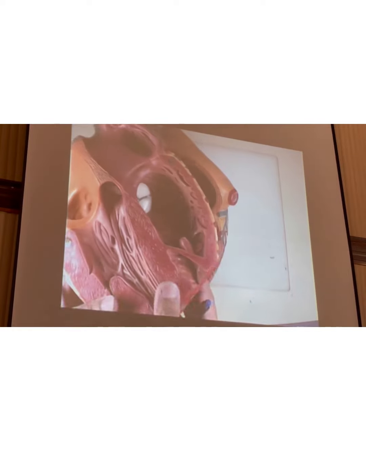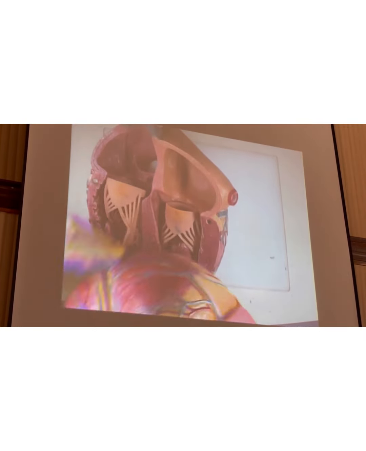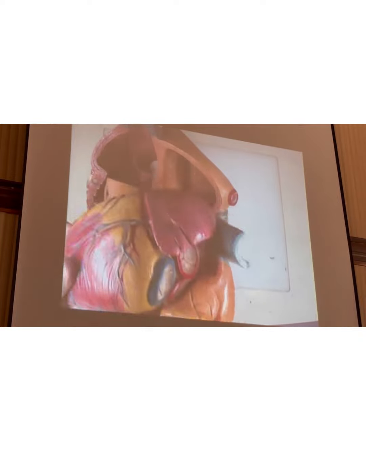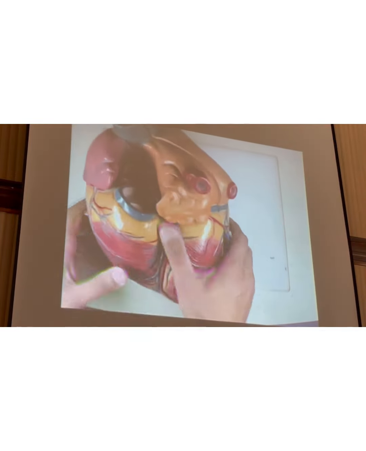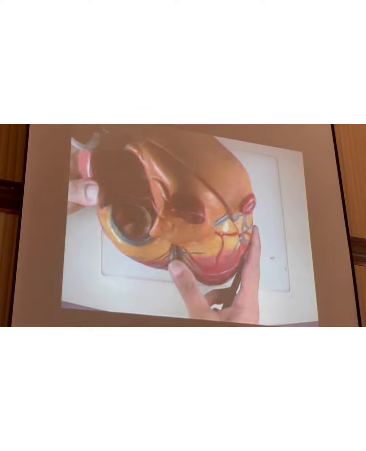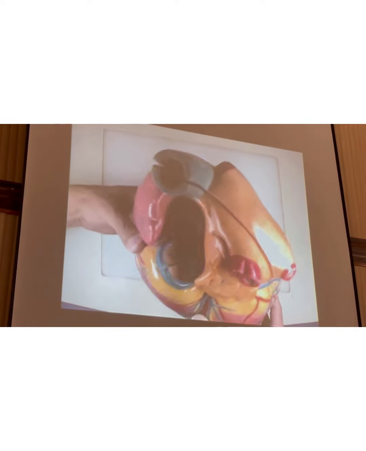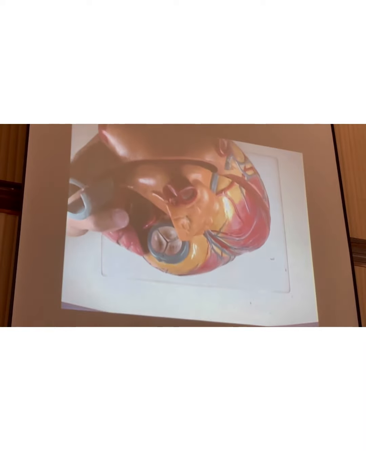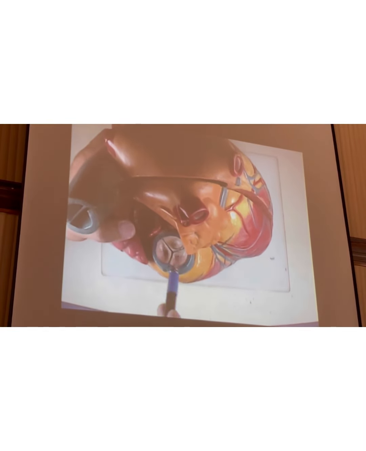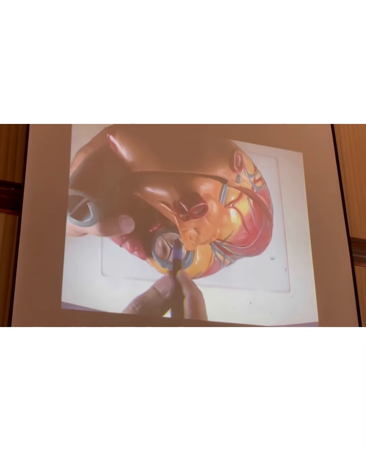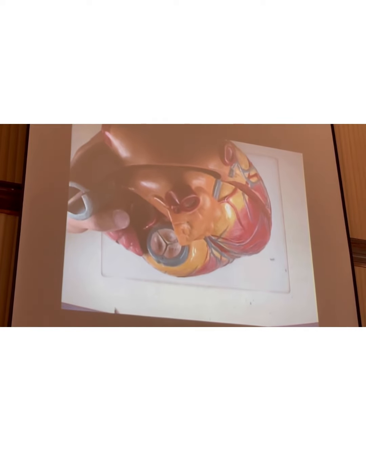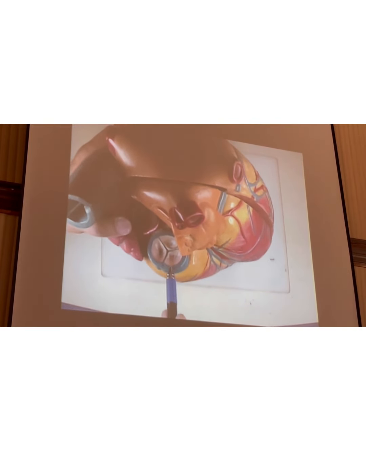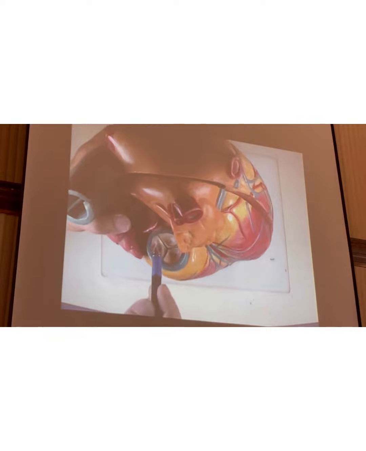Then it ends. Between the right ventricle and the pulmonary trunk, we have the pulmonary valve. If you can see, this is the pulmonary valve here, which has three semilunar valves: one anterior and two posterior.